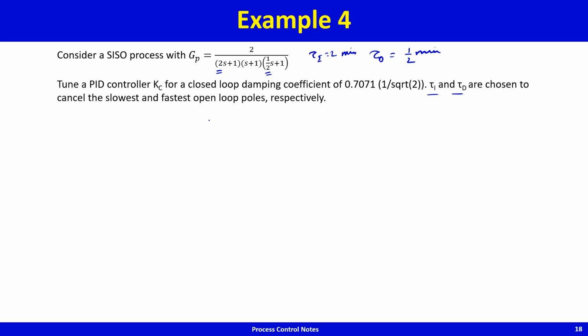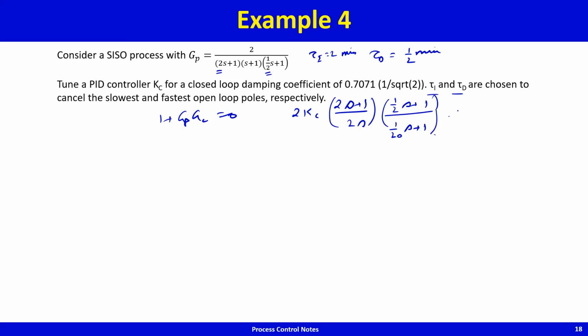And therefore 1 plus GpGc equal to 0 will turn out to be 1 plus 2 times Kc times (2s plus 1) divided by 2s. That's a PI controller, times (tau D s plus 1). Tau D s plus 1 would be half s plus 1, divided by (alpha tau D s plus 1), and alpha we will take as 1 by 10, so 1 by 20 s plus 1.